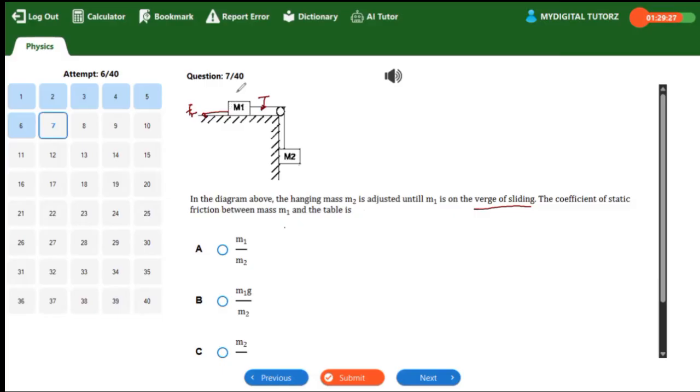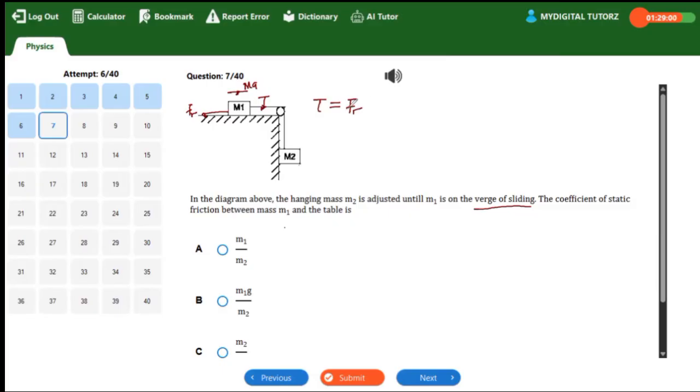Had the body been moving, there would be an unbalanced force, which is mass times acceleration. But here, the body is at the verge of moving, just about to move, but it has not started moving. Therefore, acceleration is equal to 0, and the tension will be equal to the frictional force.